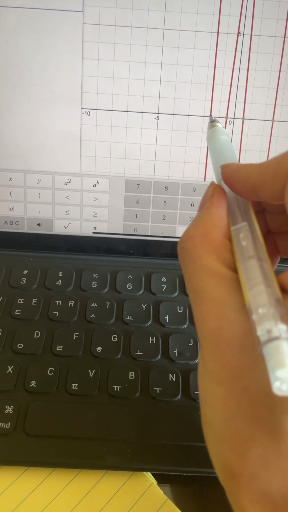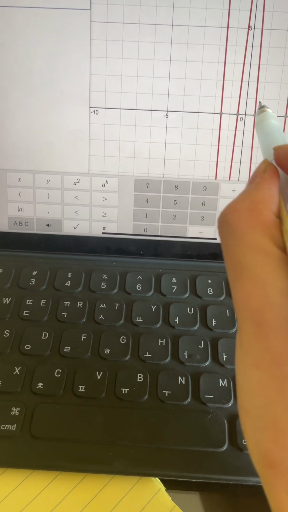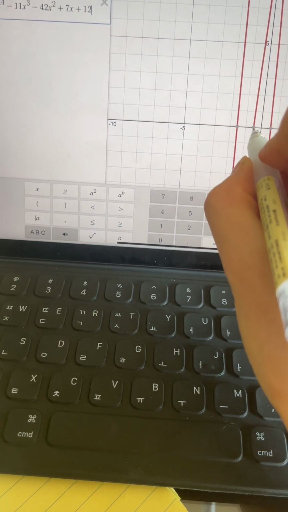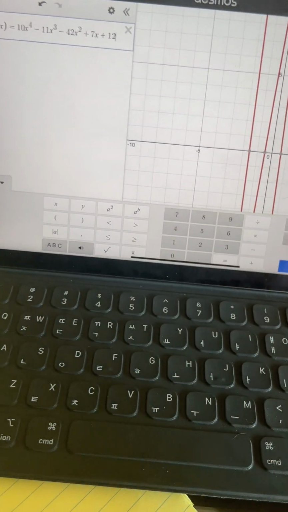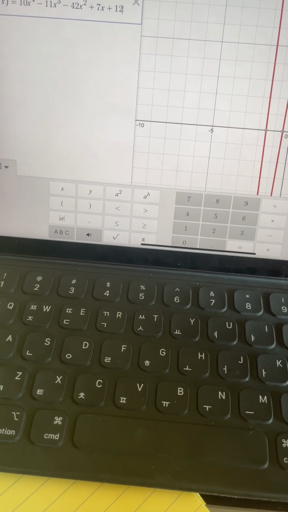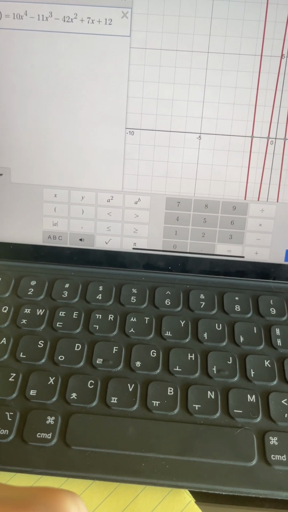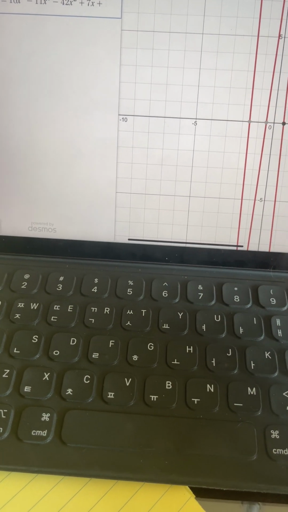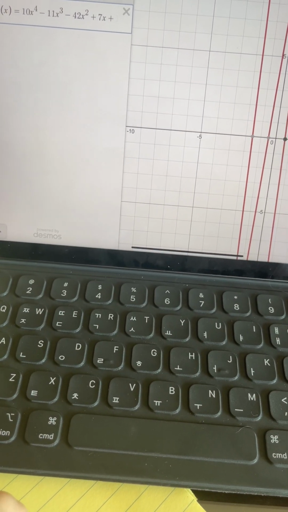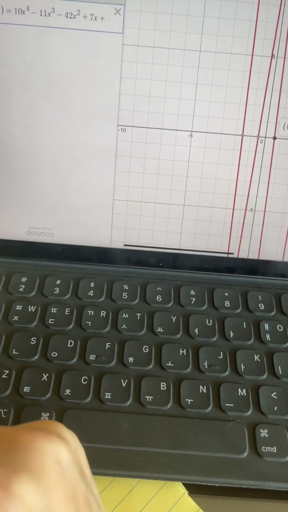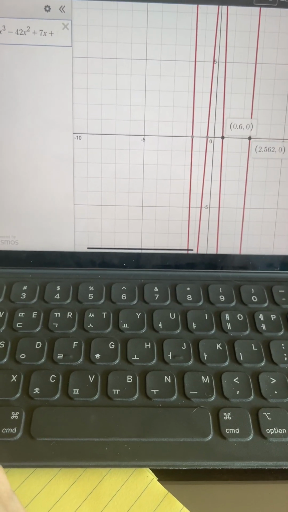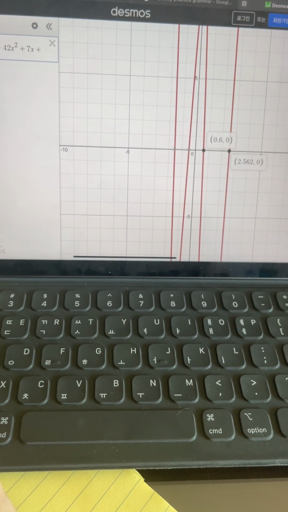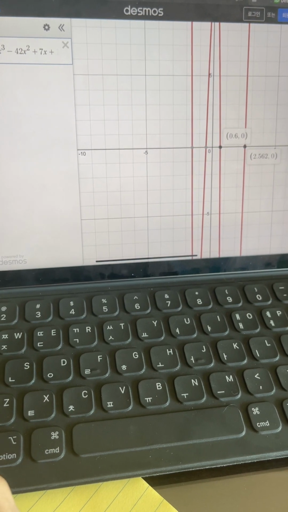So that's 1, so about 3/2-ish, and then negative 1/2, because that's about half. And then we have, is that 3/5? Yeah, 3/5. And then we have 2.562. What would be the closest? I think it's probably 12/5, okay?